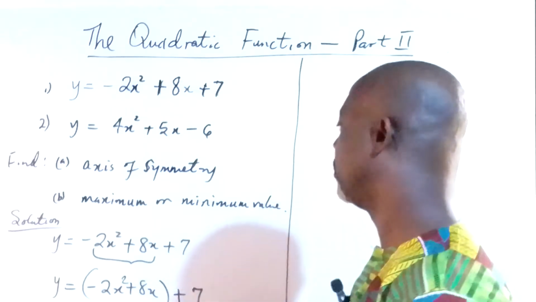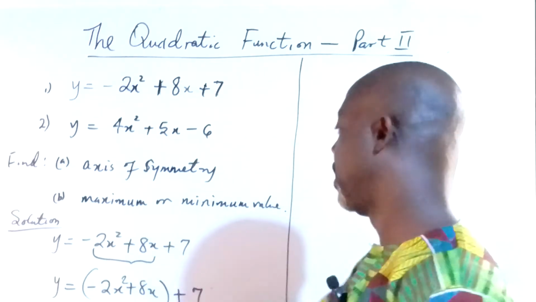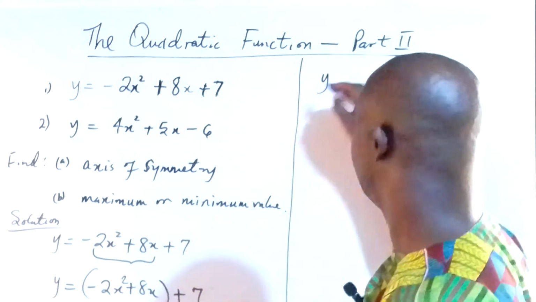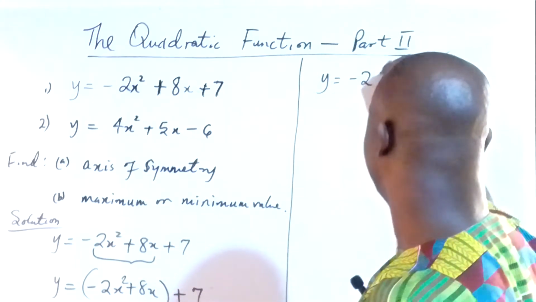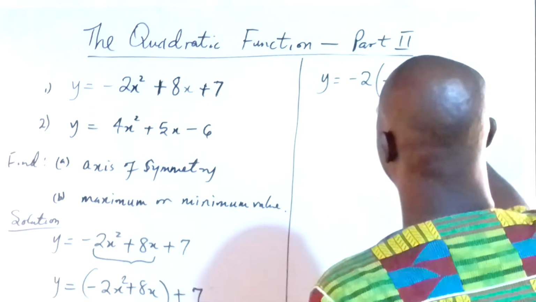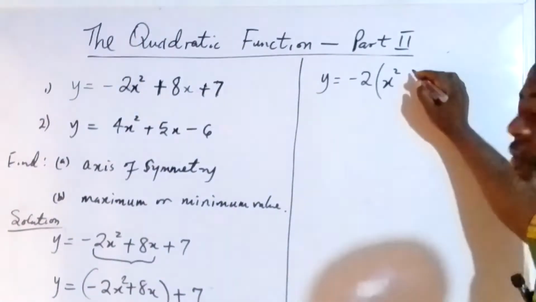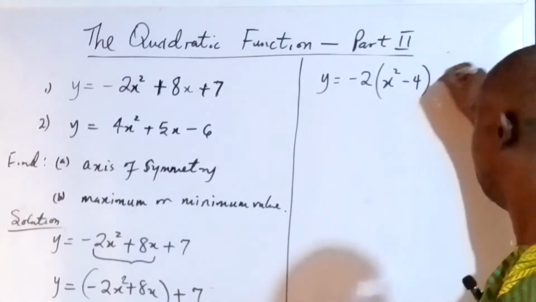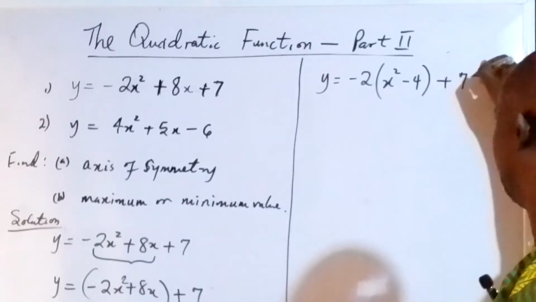Minus 2 is the common factor, so I'm bringing out that common factor, minus 2. So I have minus 2 open brackets, and I'm going to have x squared here, and then of course I will have minus 4x, then of course I have my plus 7.